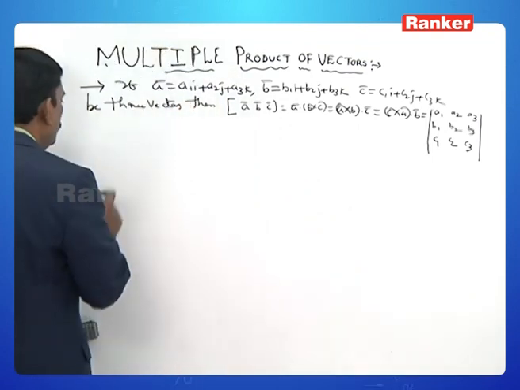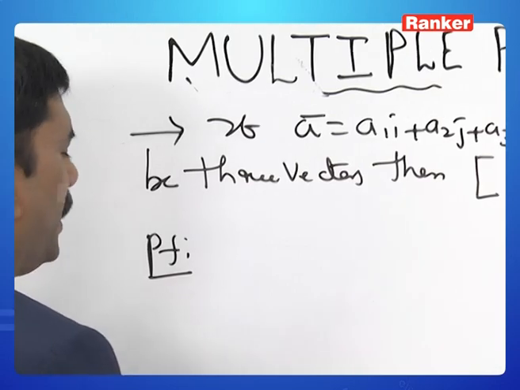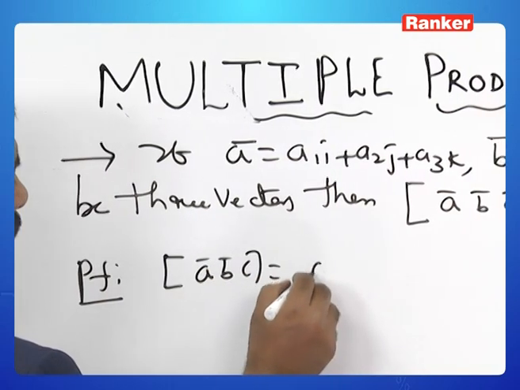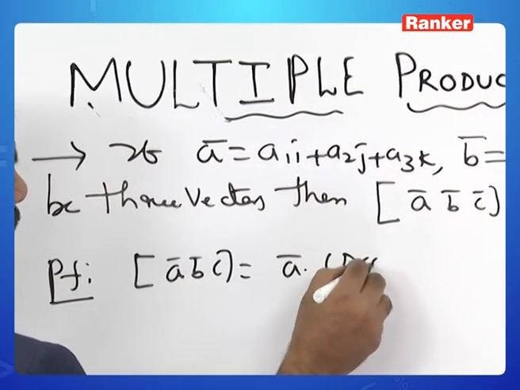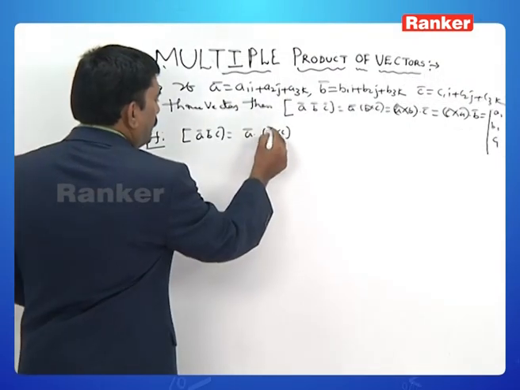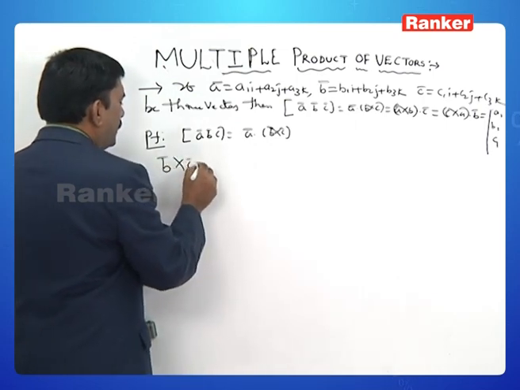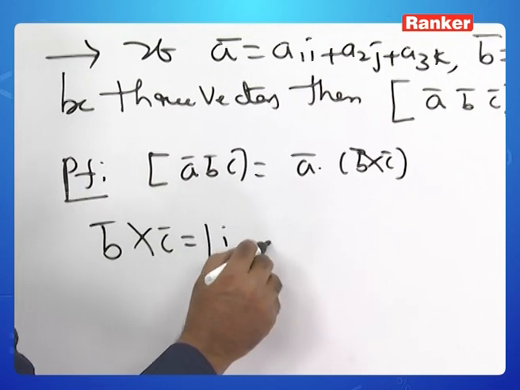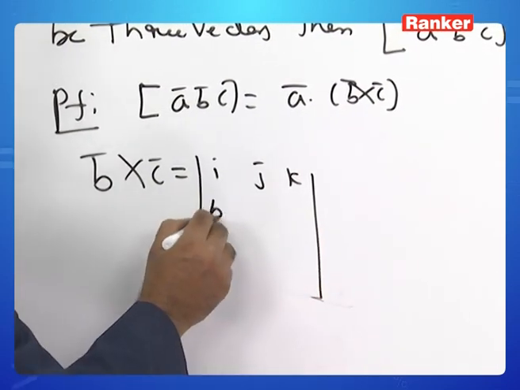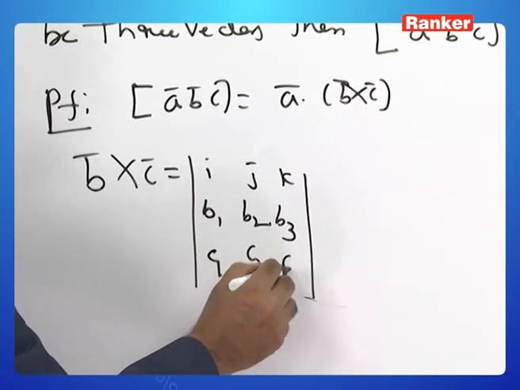Okay. Now the proof of this one is very simple. I can take box of ABC as A dot of B cross C. But B cross C is a vector, so I'll find out first B bar cross C bar. This is equal to the determinant with rows i, j, k, B1, B2, B3, and C1, C2, C3.